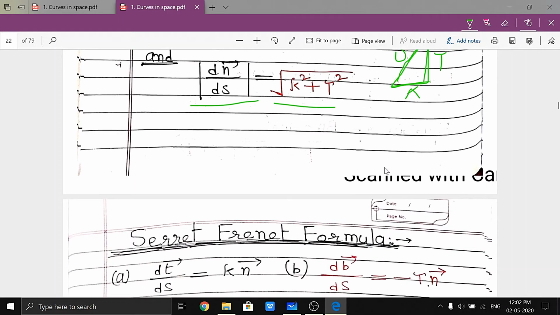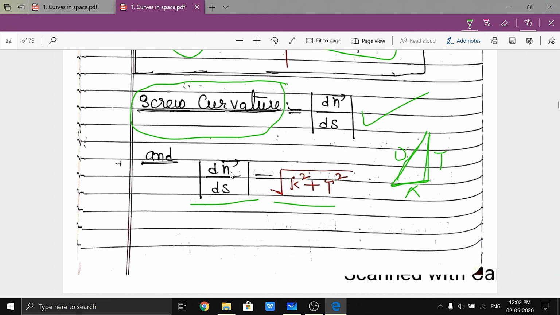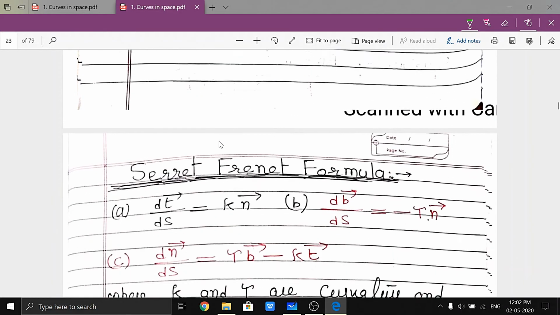Remember, it is denoted by dN by ds in absolute value, its magnitude, its length, and it is a scalar quantity. So curvature, torsion, and screw curvature are scalar quantities, not vector quantities.